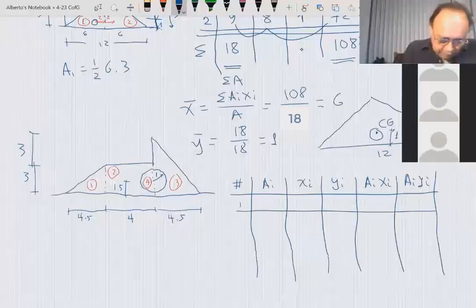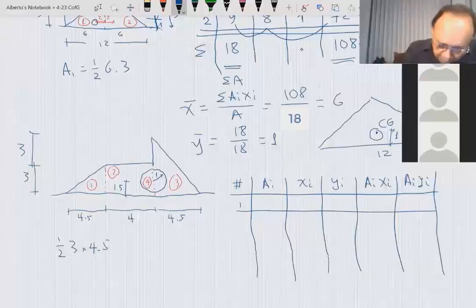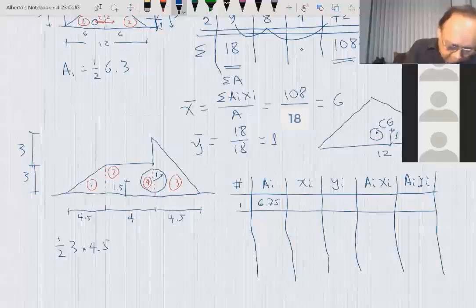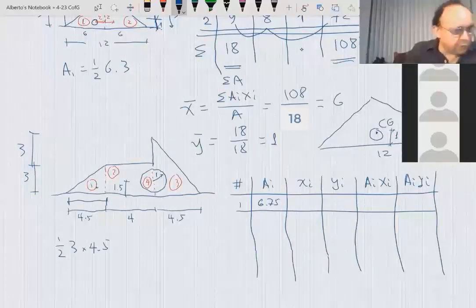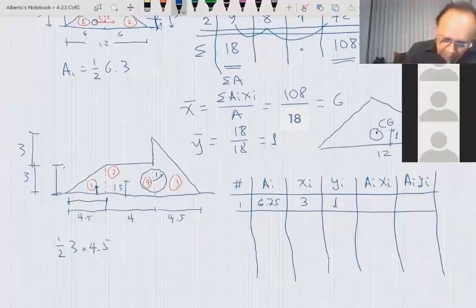The first triangle, area 1/2 of 3 times 4.5, 6.75. The x of this triangle will be 2/3 of 4.5, that's 3. And the y coordinate will be 1/3 of 3, so that will be 1.